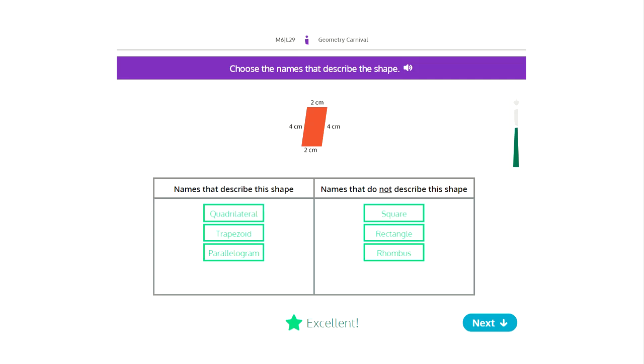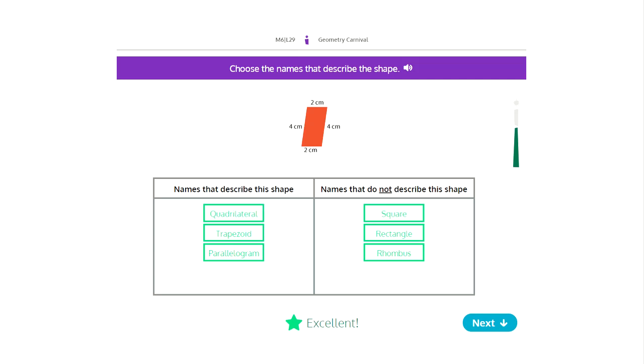Well, this has 2, but 2 is at least 1, so it also could be considered a trapezoid. And then next we have parallelogram. A parallelogram is a shape that has 2 pairs of parallel sides, and this does have 2 pairs of parallel sides.